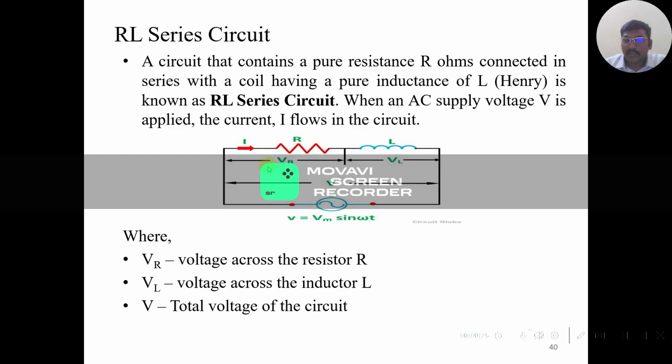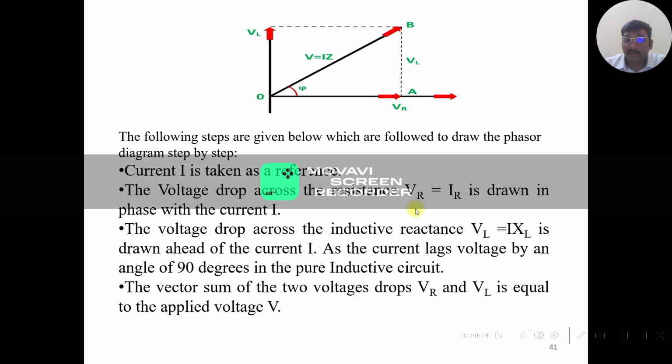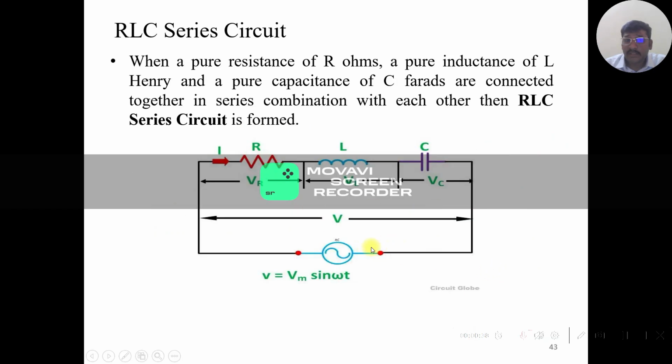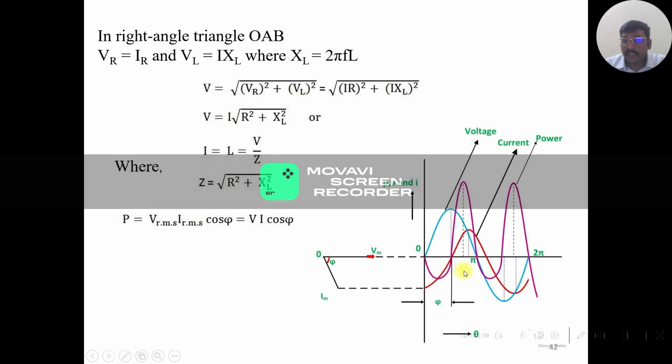So this circuit will behave like an RL load. You can see the current and voltage waveform here. This blue color shows the voltage waveform and this red color shows the current waveform.